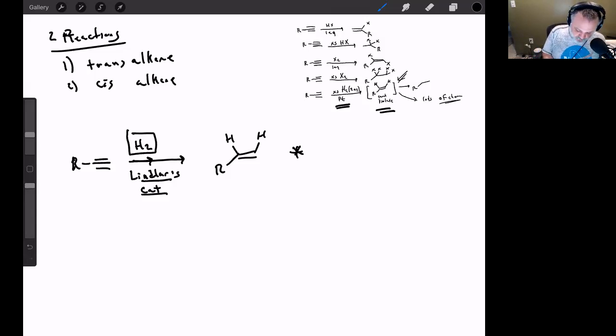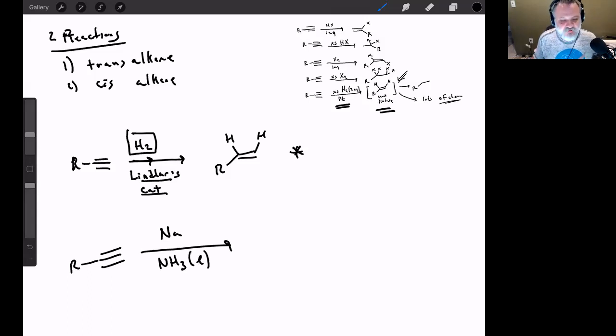The second one got you a trans alkene. The situation here is that it doesn't involve H2 in the reactants, and so it's not as easy to remember what the reagent is doing.